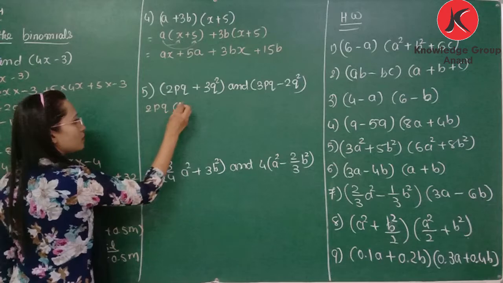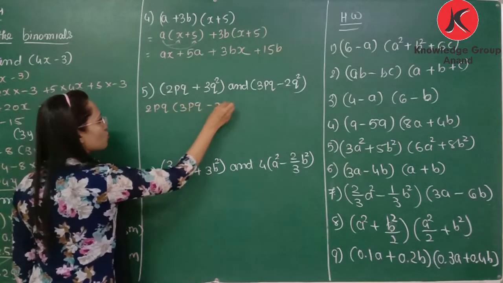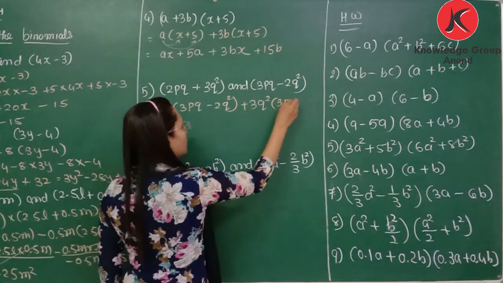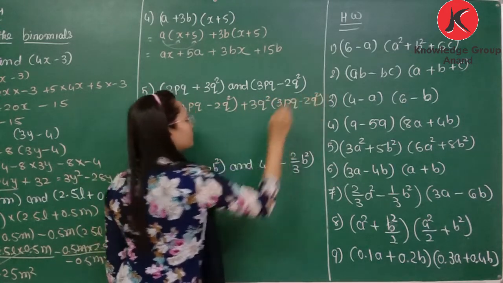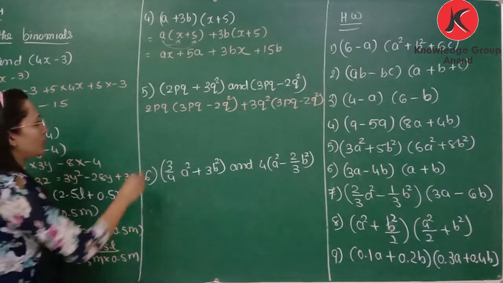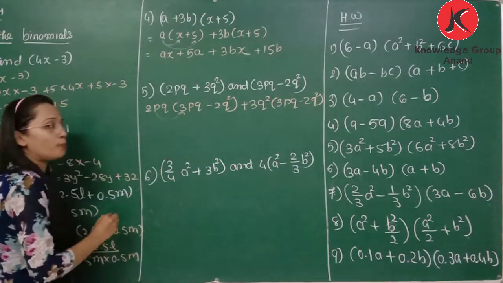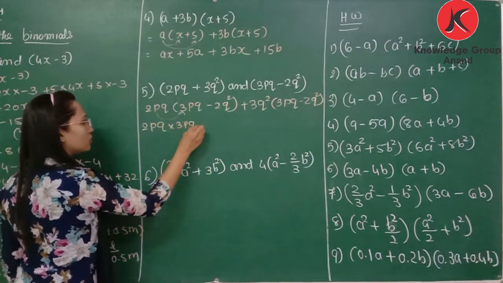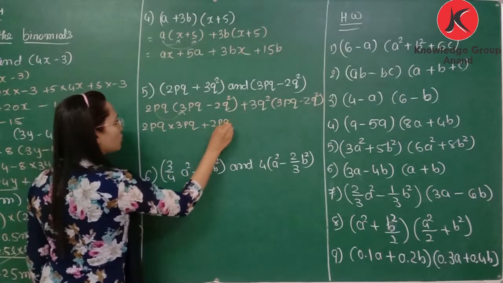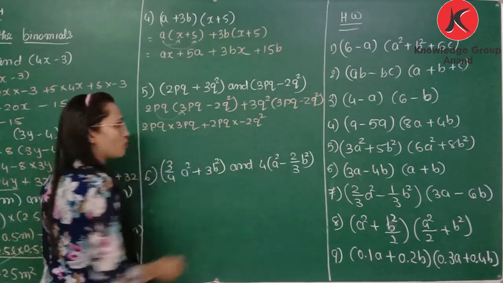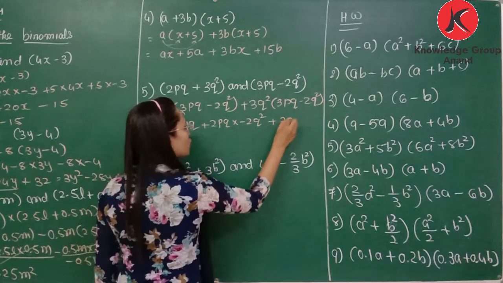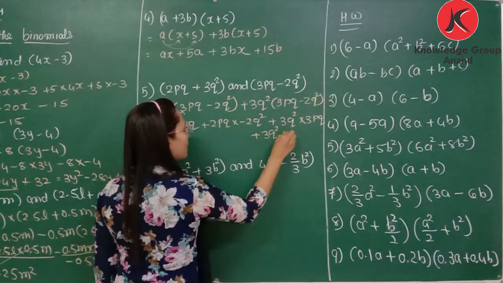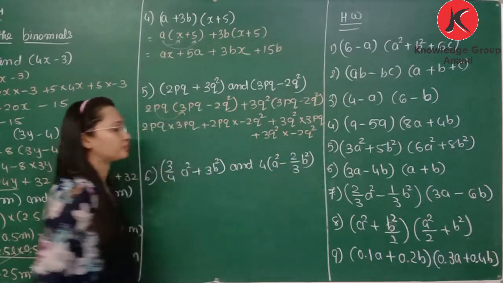Now same for the next one. 2pq is multiplied with 3pq minus 2q square plus 3q square multiplied with 3pq minus 2q square. Okay. Now here 2pq multiplied with 3pq plus 2pq multiplied with minus 2q square plus 3q square multiplied with 3pq and 3q square multiplied with minus 2q square.